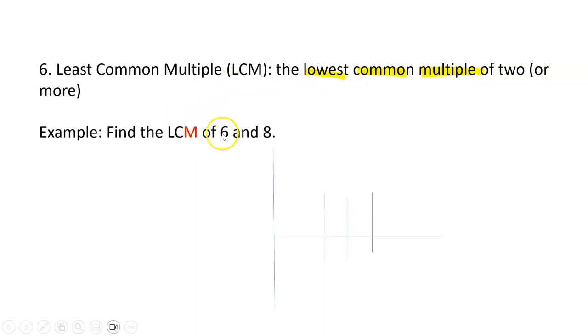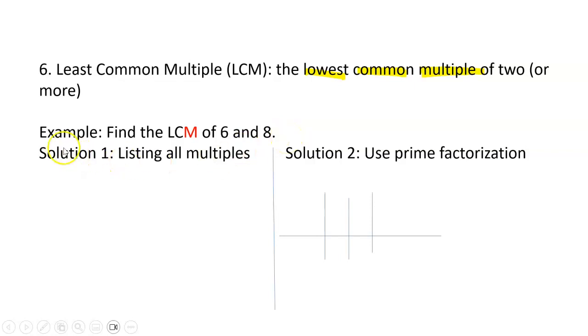Multiple is when you take the number and multiply by 1, 2, 3, 4, and any integer, we call it a multiple. So we're going to start with solution 1, to list all multiples and then search for a common one. And in a second, we're going to talk about solution 2.